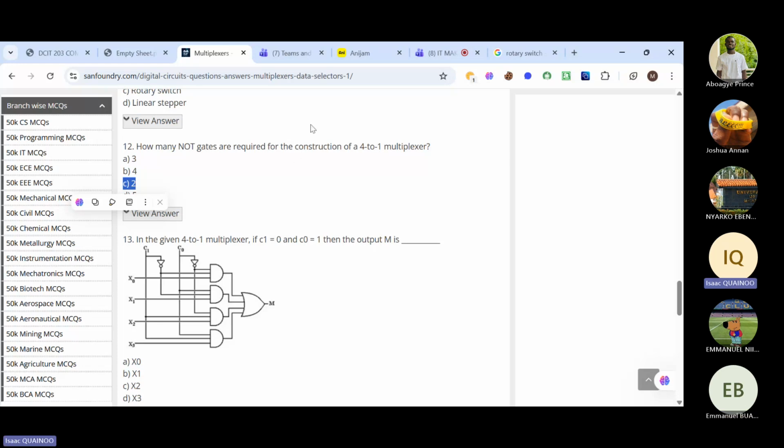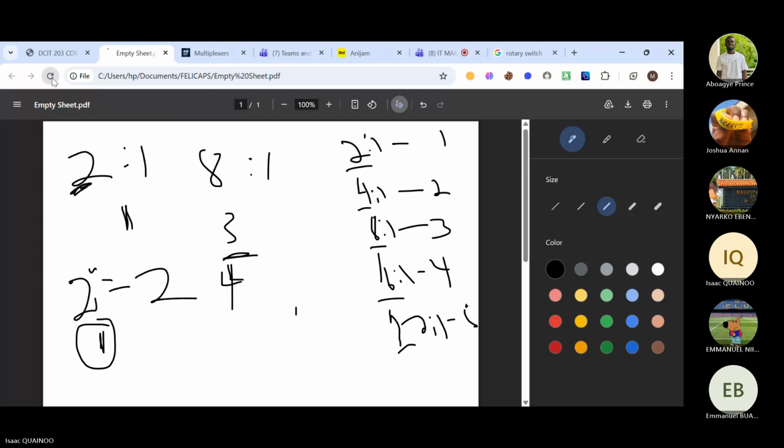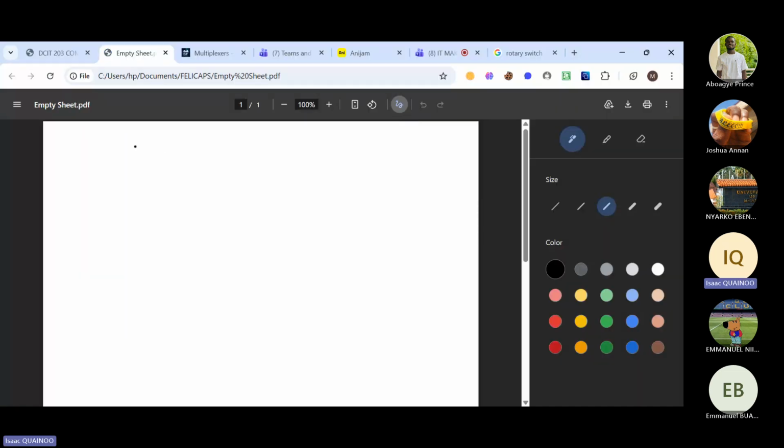All right, so 4:1 multiplexer. We said 4:1 multiplexer, we have 2 selectors, right? S0, S1, we have our output, we already illustrated it, but for understanding purposes, let's use D, okay? And D can be A, B, C, D. And our selectors are labeled X. So we have 0, 0, right?